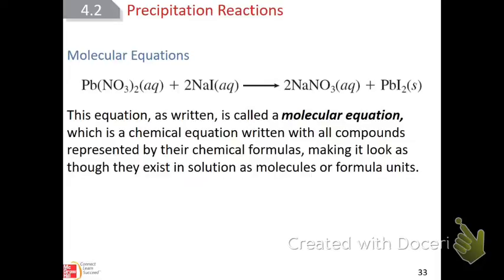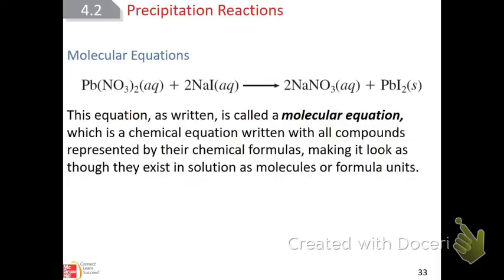And in section 4.2 in the text, she does definitely address double displacement, and this right here is an example of a double displacement reaction. And in both of these types of reactions, something has to push it. Something has to force this one to happen. And so you are going to need to know these types of things.